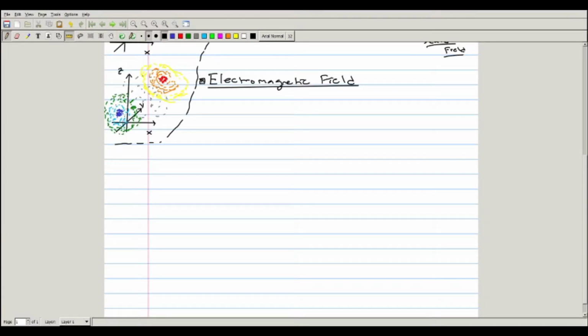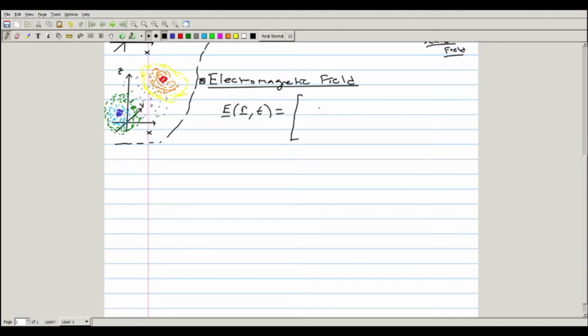It's what's known as a vector field. At any point in space and time, we typically denote the electric field as a vector that depends on position and on time.